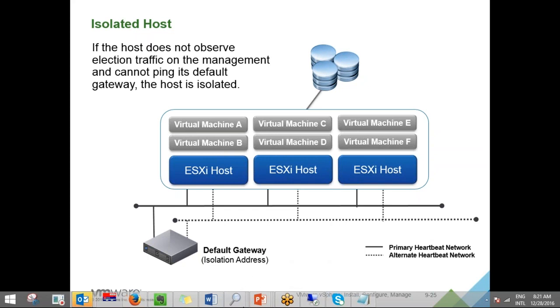for the isolation process, we are considering your gateway, because the gateway will have a single IP address. For all ESXi hosts, you will configure the common IP address, that is the gateway.